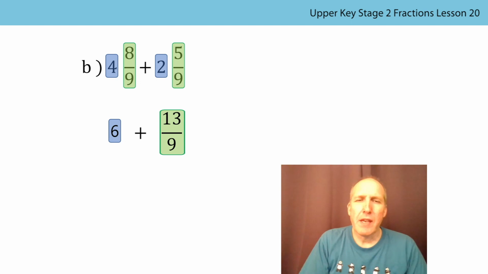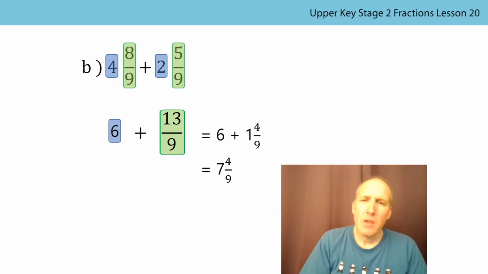Because we can't just leave it as 6 and 13/9. 9/9 is 1 whole, so 13/9 is 1 whole and 4/9. So altogether we have 7 and 4/9. Now we need to remember to do a final check to see if we can simplify. Well, 4 and 9 have no common factors other than 1, so we can't simplify it any further than that. Did you get that one too?